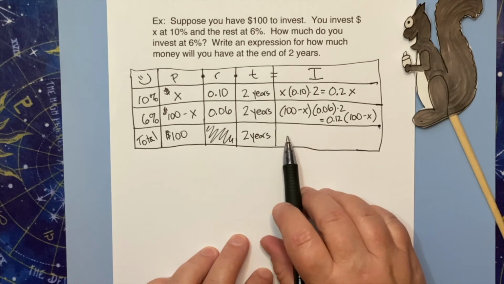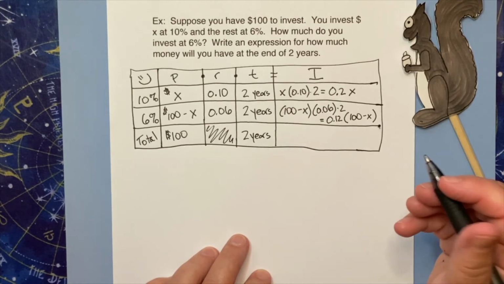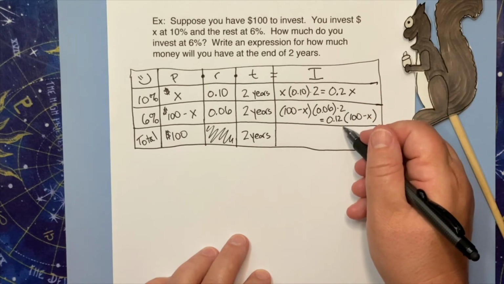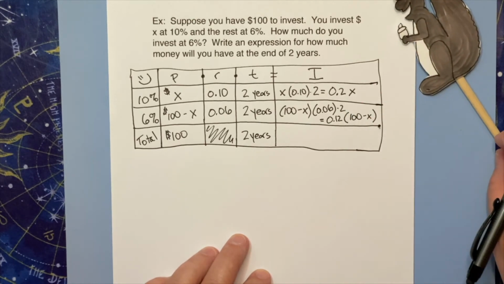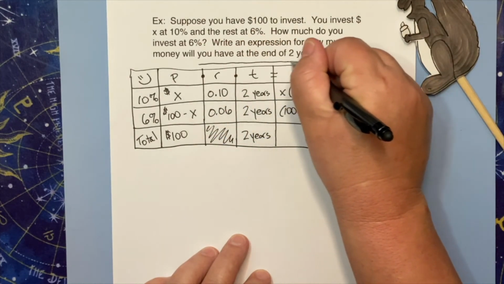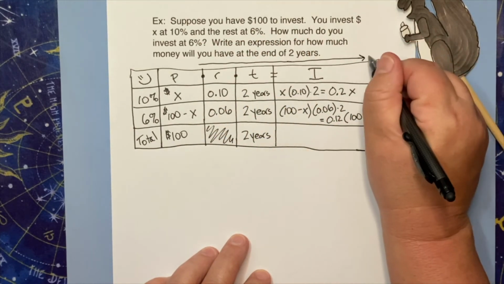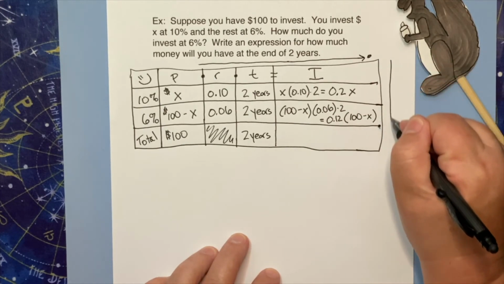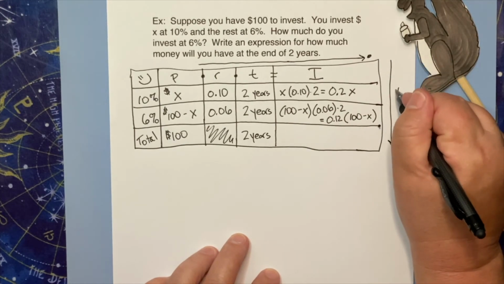And my interest is going to be the sum of these 2. Remember what we talked about in the previous one. As we move across the table, we're multiplying. And as we move down the table, we're adding.